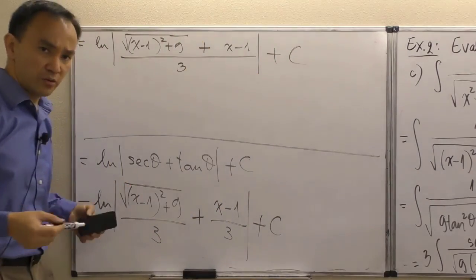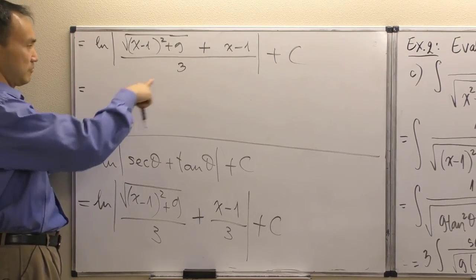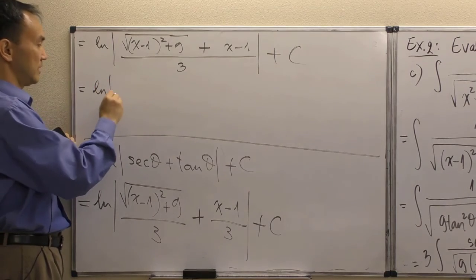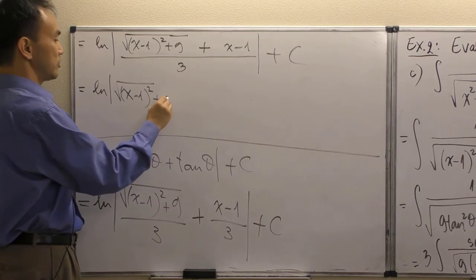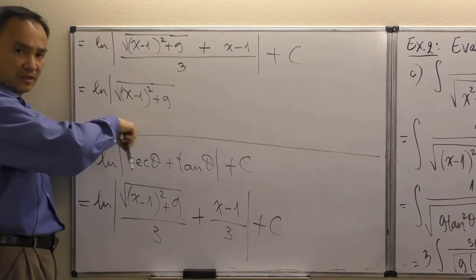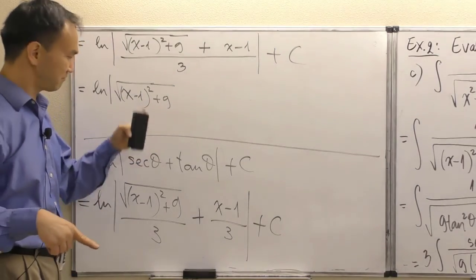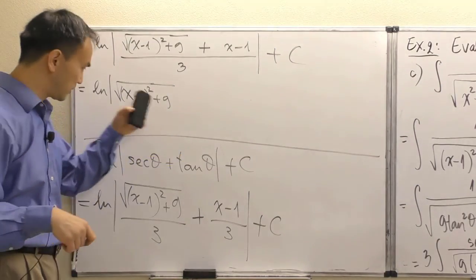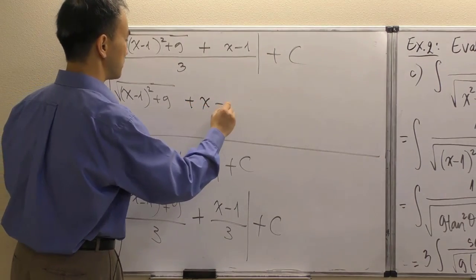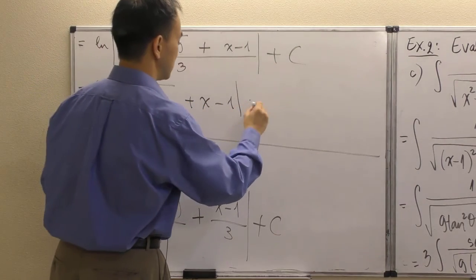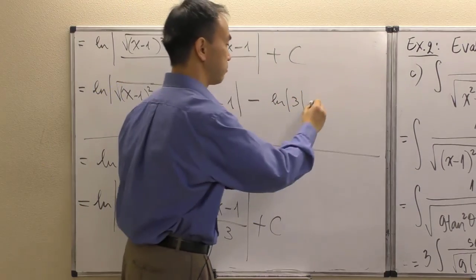You have seen this frequently enough by now, so I'm going to write this as logarithm of the square root of (x minus 1) squared plus 9. You also have your choice of writing this in the beginning form as x squared minus 2x plus 10, because this is now the final answer, so you can bring it back to the beginning form as well. But now plus x minus 1 outside of the expression, minus a logarithm of 3 in absolute value, plus c.